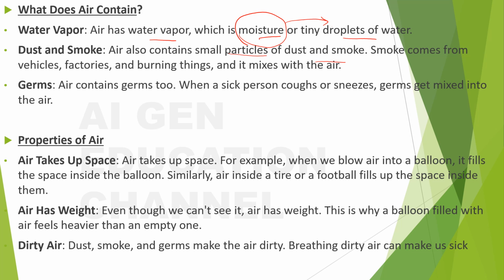Germs. Air also contains germs. When a sick person coughs or sneezes, germs get mixed into the air. So it's like people say, right, when someone is sick, the person who is sick should take care that when they cough or sneeze, something is obstructing the germs from spreading and mixing with the air.